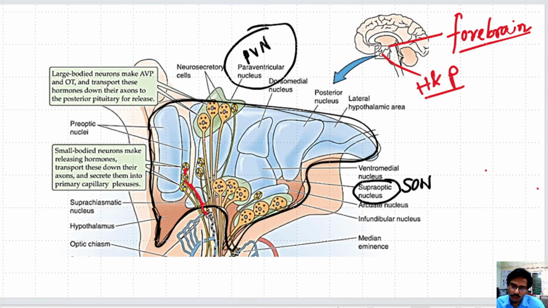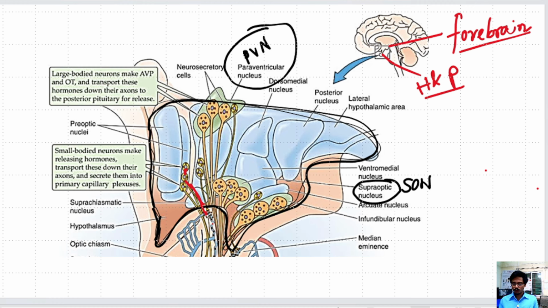Some of them have long axons and some have short axons. The long ones, like PVN and SON, along with the infundibular nucleus, project their axons to the posterior side of the pituitary, and the small neurons project to the primary capillary plexus. Hope you can understand this anatomical structure.